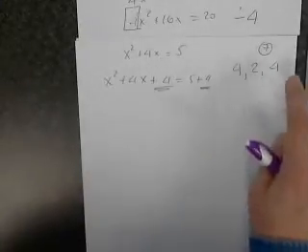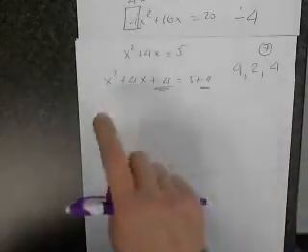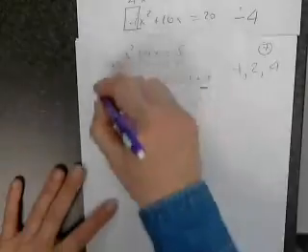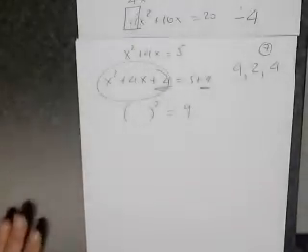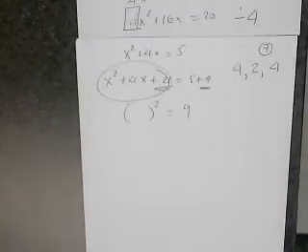I square 2, I get 4. And this is the number I need to add to both sides. This must all be in here. In where? What is that? x plus 2. Very good. x plus 2.